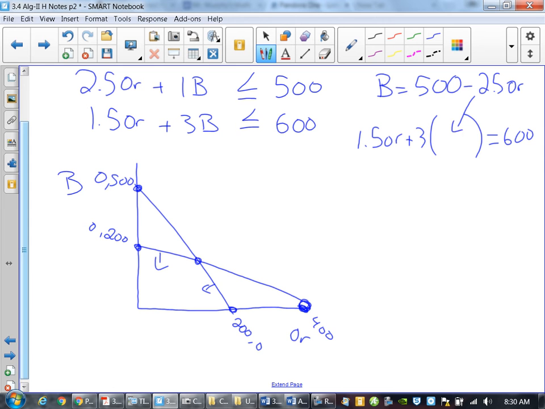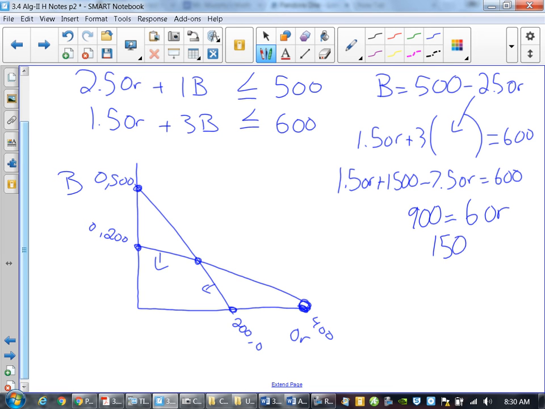Direct substitution here, so then we get 1.5 orange plus 1500 minus 7.5 orange is 600, which works out to 900 is 6 OR. So you have 150 quarts of orange.